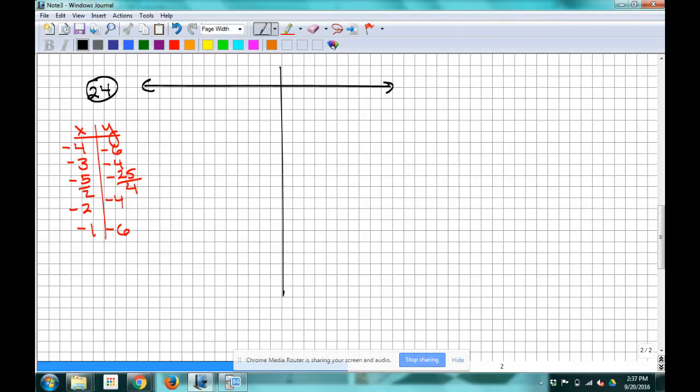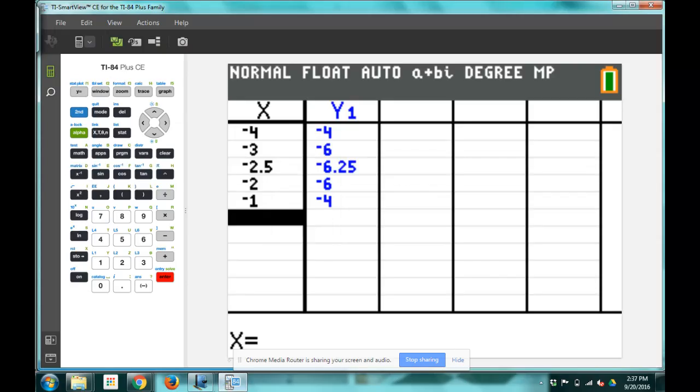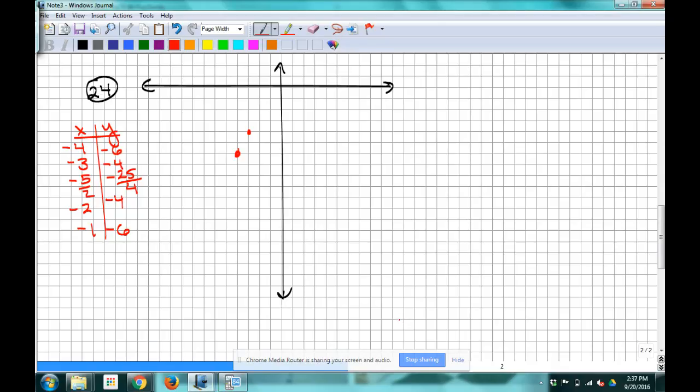So I'm plotting those points. Negative 4, negative 6, negative 3, negative 4, negative 2.5, 25 over 4 was negative, what was that? Did I get that right? I swapped those X's and Y's. Those should be negative 4 and negative 6, negative 6 and negative 4. Dyslexia kicked in there.